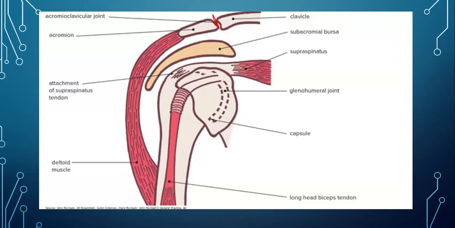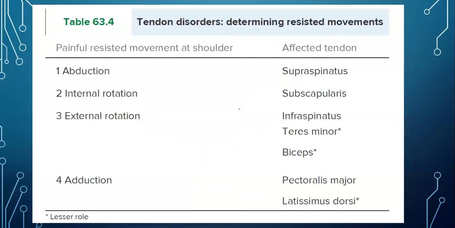So one of the most important things that we want to rule out in shoulder pain is a rotator cuff tear. The rotator cuff is a group of muscles which stabilize your shoulder. The most important muscle is the supraspinatus muscle. So you can see in here that abduction is done by the supraspinatus tendon.